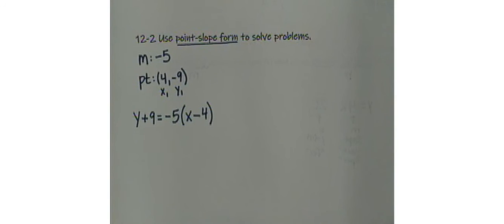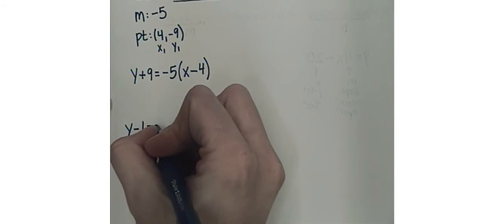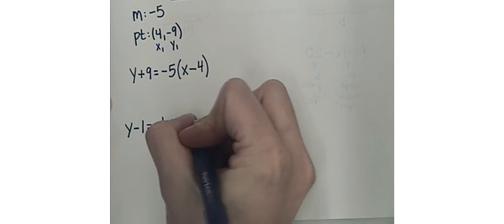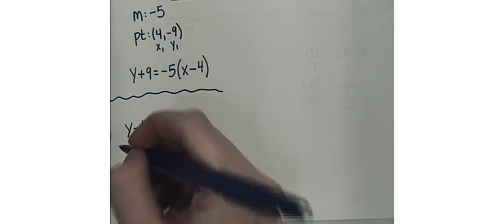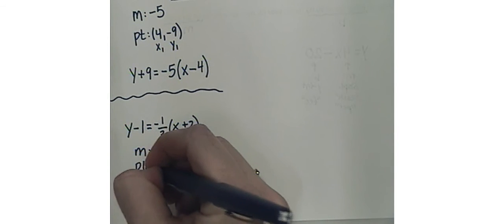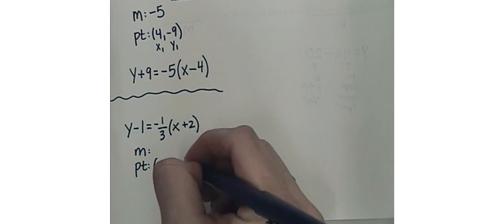Okay, let's work backwards now. If I give you y minus 1 equals negative 1/3 parentheses x plus 2, this is a new question, can you give me the m, the slope? Can you tell me the point, your x1, y1?